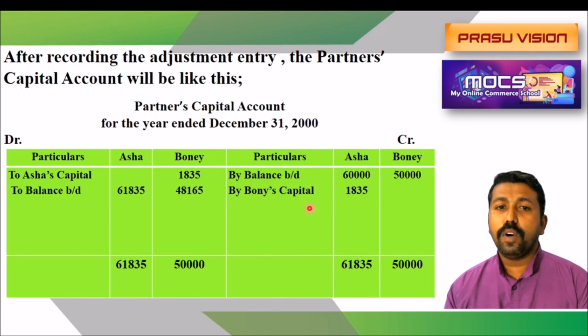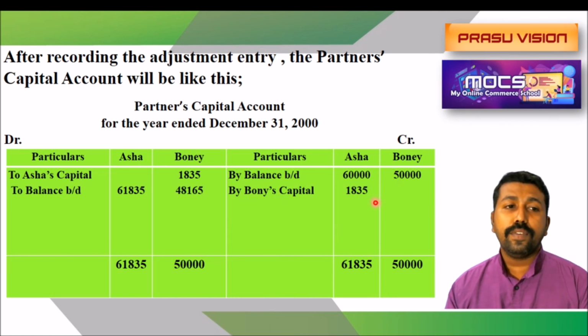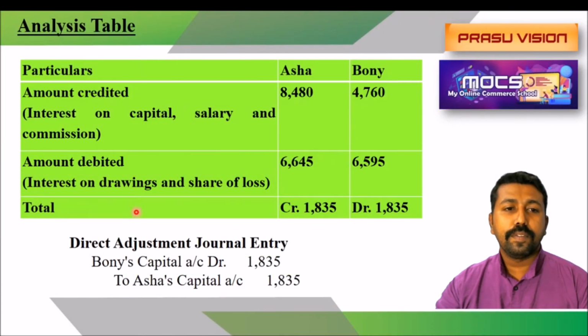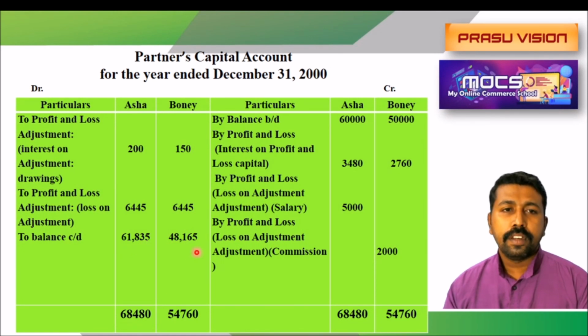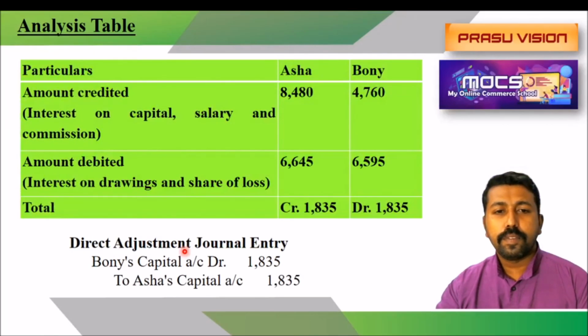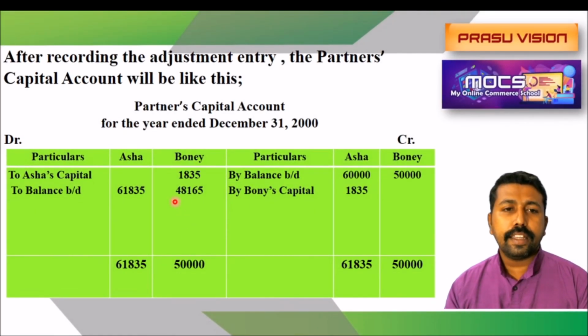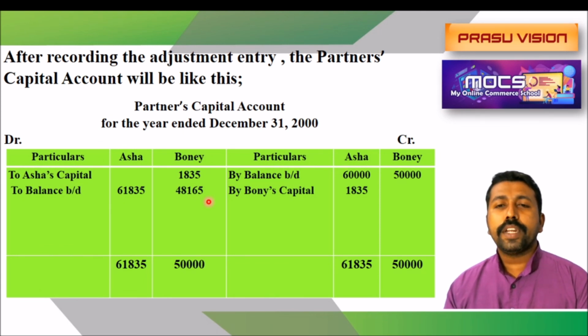The adjusting entry, Boni's capital 1,835 to Asha's capital 1,835. And the balance will be the same as per the previous: 61,835 here also, and for Boni 48,165. Look at this, 48,000 and 165. My dear students, it's a very important area.